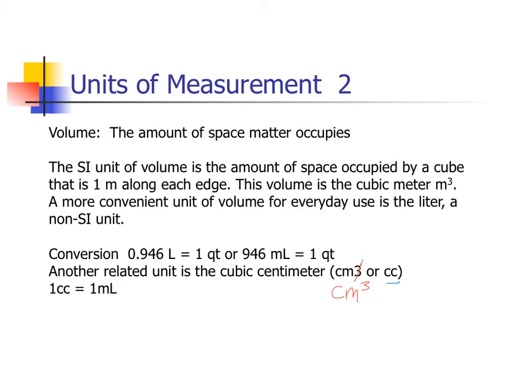And cc just means cubic centimeter, which is a direct one-to-one. There's no conversion. If I say I have 5 cubic centimeters, that also means that I have 5 milliliters. It is a direct one-for-one comparison. So 5 cubic centimeters is 5 milliliters, and so on and so forth.